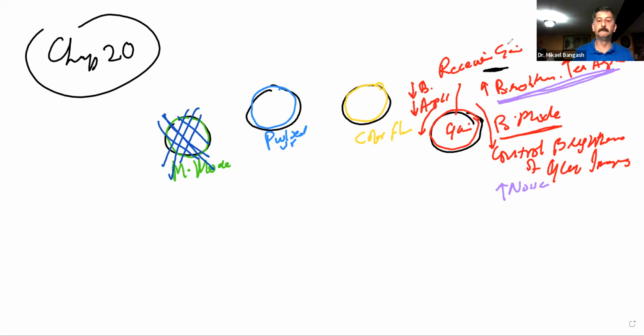Is that clear? So another word for amplification was receiver gain, where we could increase the receiver gain, as we talked about here, or we could decrease the receiver gain, which was like this.